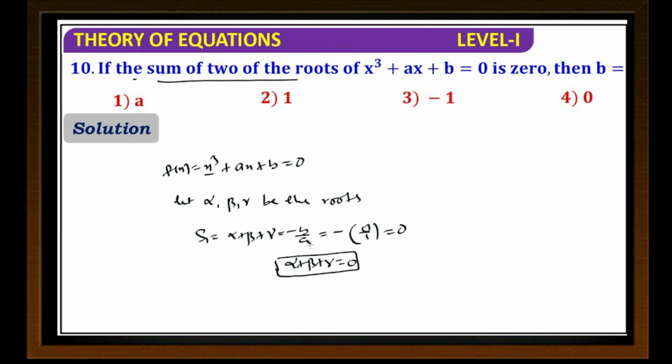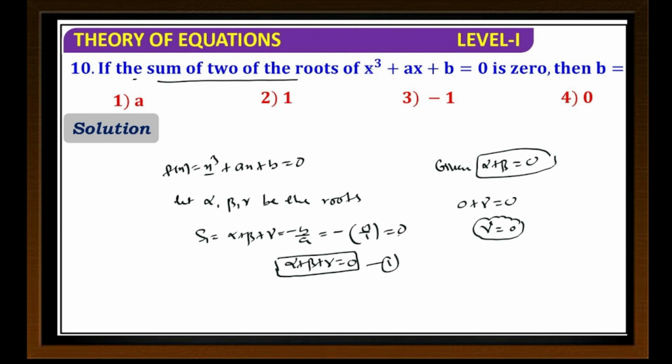So the sum of the roots, minus b by a according to the formula, is 0. So alpha plus beta plus gamma is 0. But given is the sum of two roots. So consider alpha plus beta equals 0. If you substitute alpha plus beta equals 0 in the first equation, 0 plus gamma equals 0, which means gamma equals 0. Okay, the product of the roots equals 0. Anyway, gamma equals 0.